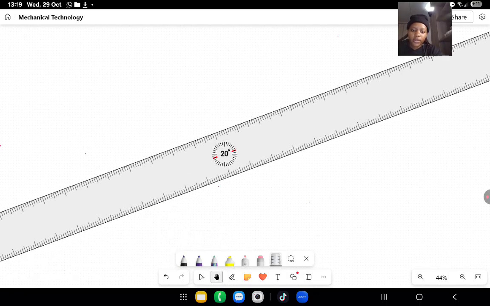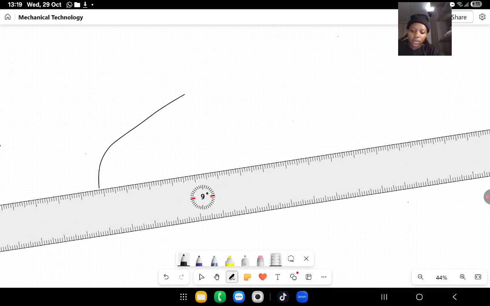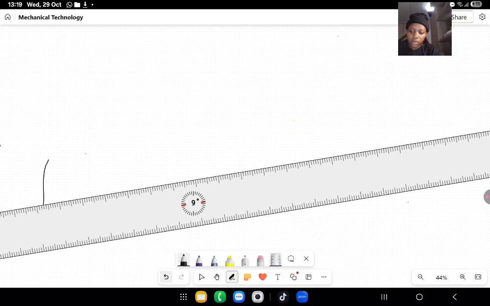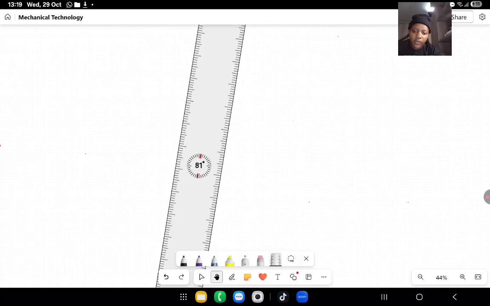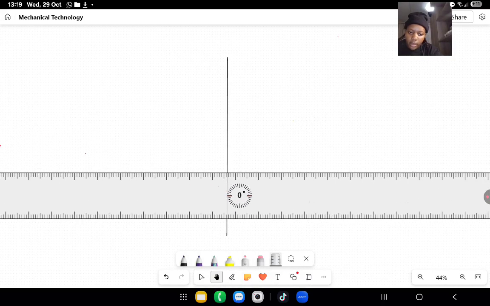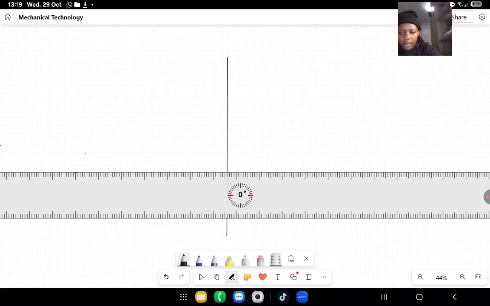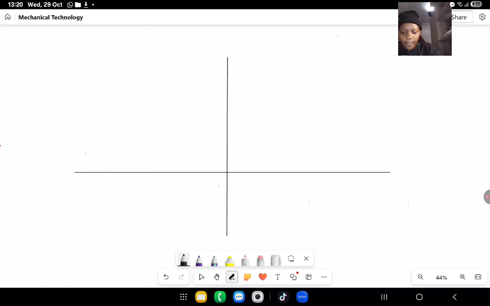We'll have our y-axis, then our x-axis, and we name them y-axis and x-axis.